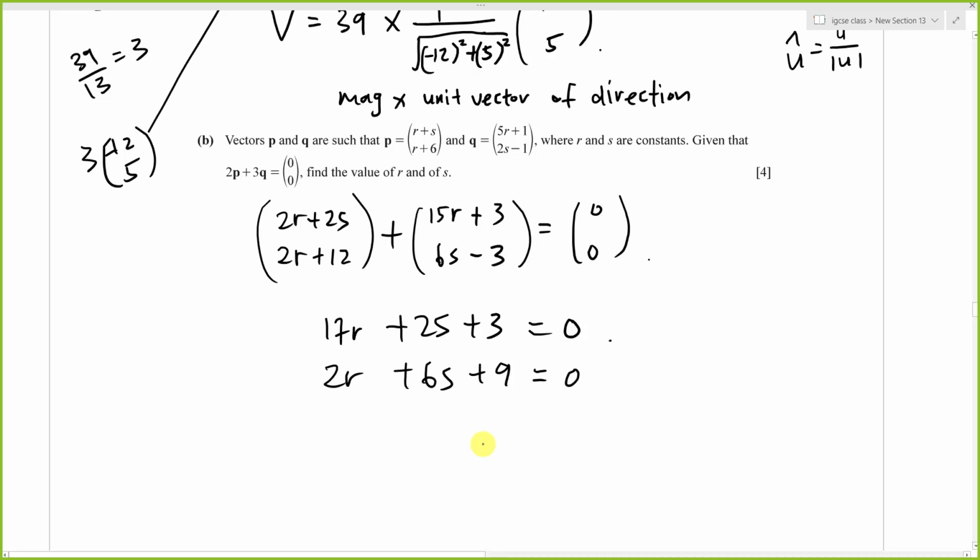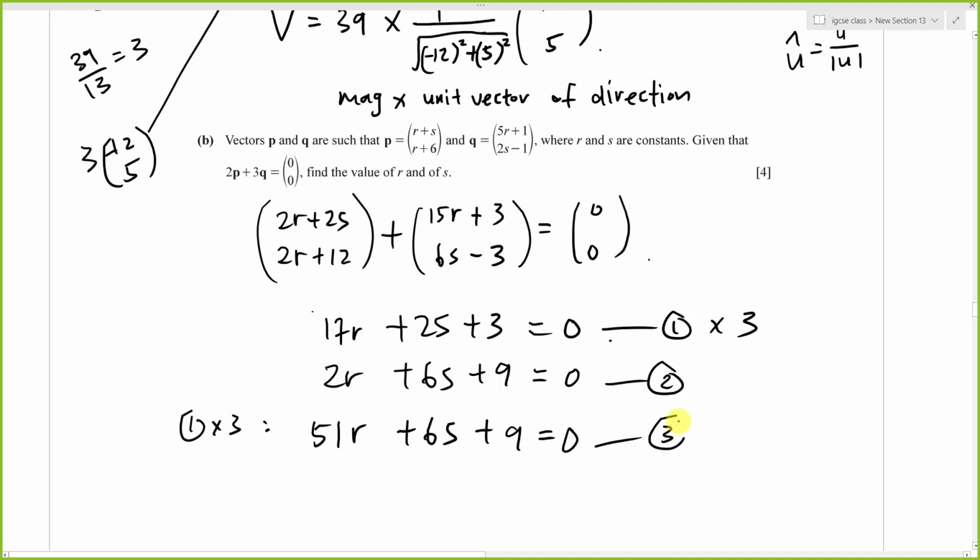First equation, I'm going to multiply by 3 in order to get 6s here. So first equation times 3, I should have 51r plus 6s plus 9 equals 0. Then the second equation, third equation, I use the second equation minus the third equation.